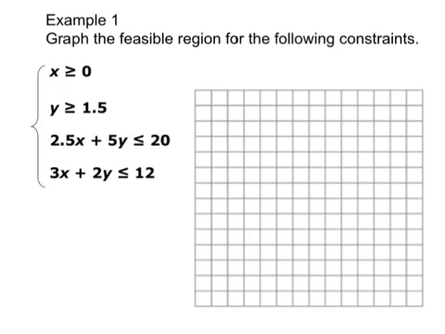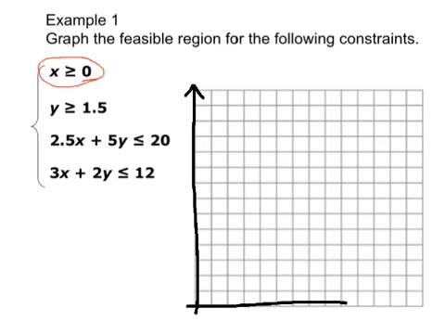Okay, first example, graph the feasible region for the following constraints. I'm going to do the first one in red and see if that helps our clarity. X is greater than or equal to 0. Let me draw a thick XY axis. That's our y-axis, and that's our x-axis.